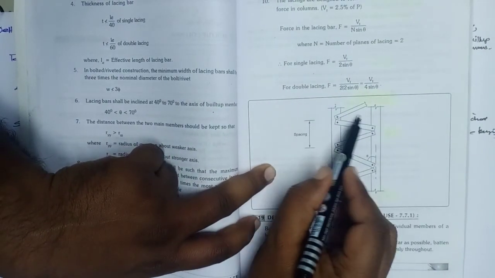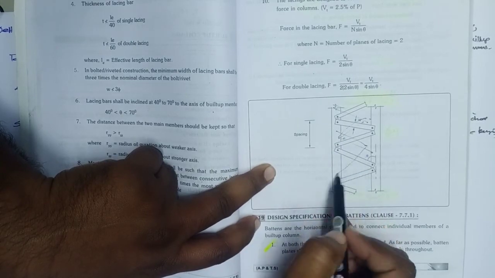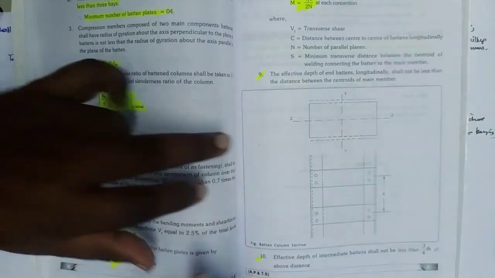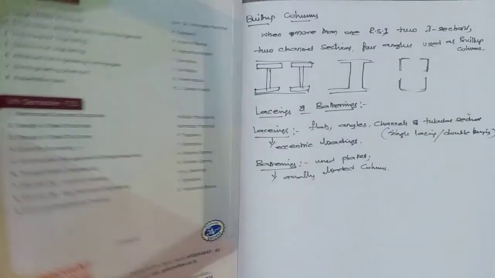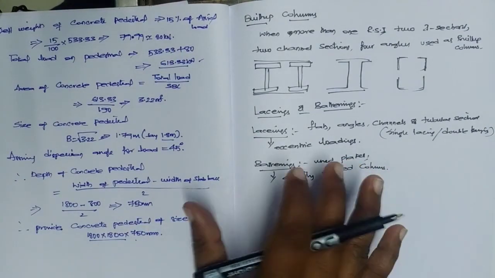If one more is coming like this, this is nothing but double lacing. Whereas this is nothing but a battening. I will post some figures after this topic.